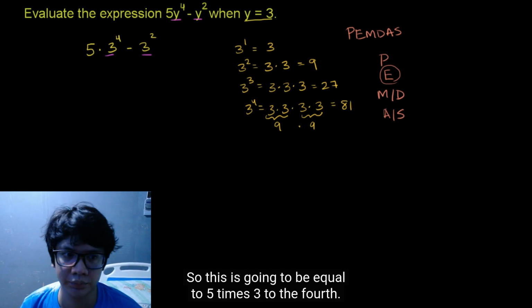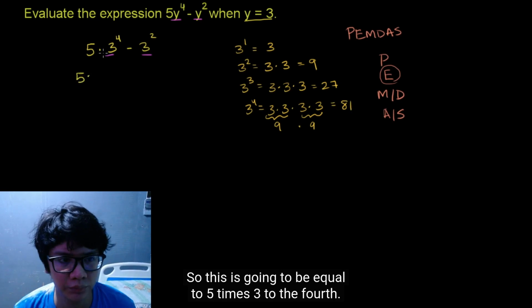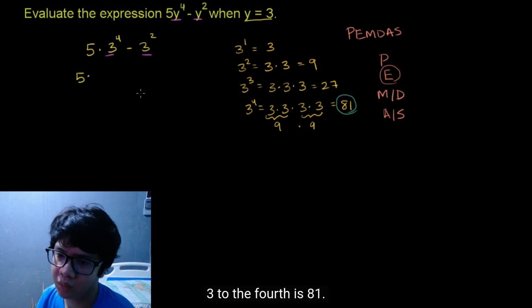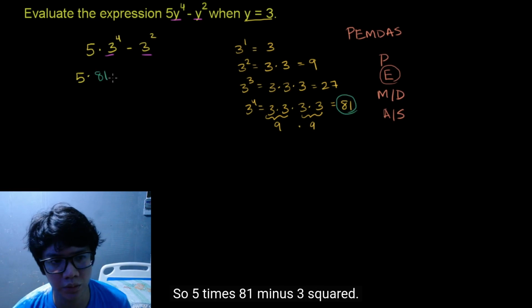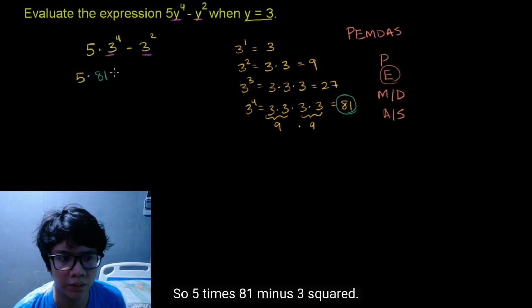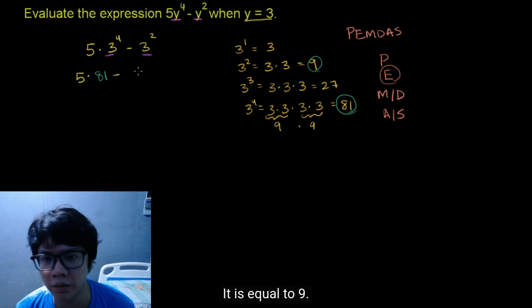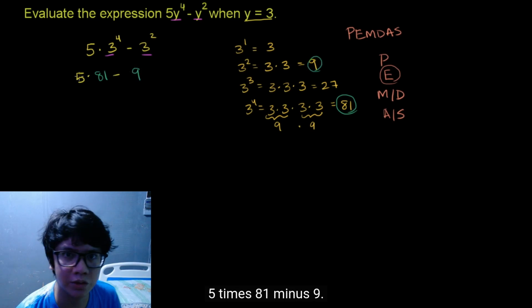So this is going to be equal to 5 times 3 to the fourth. 3 to the fourth is 81, so 5 times 81 minus 3 squared. And 3 squared is equal to 9. So 5 times 81 minus 9.